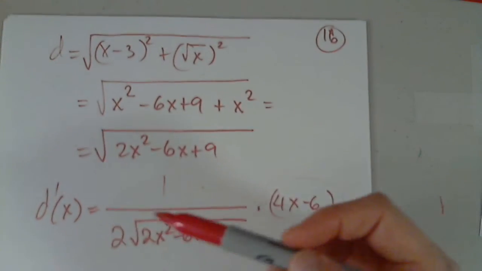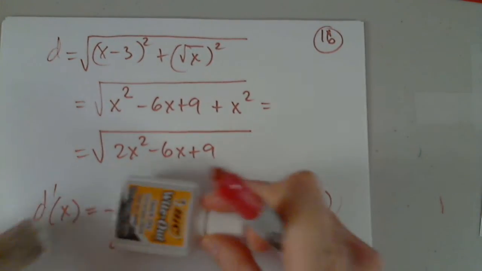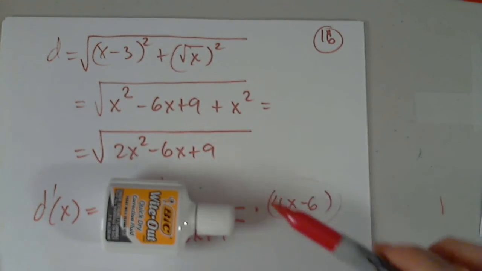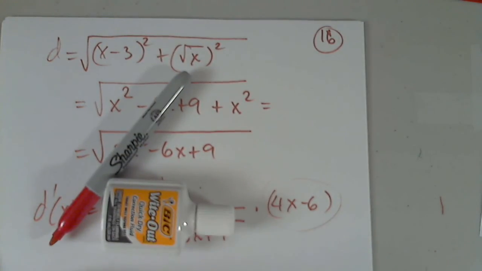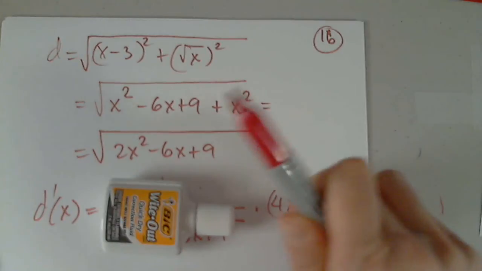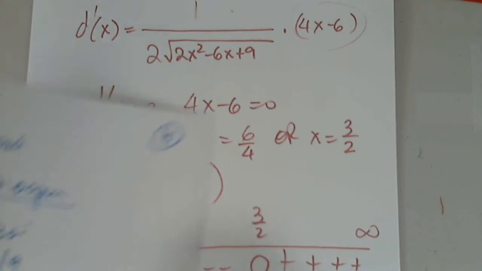Well, this is all positive, I'm not going to waste my time to even look at it. But this is a linear function that has a positive slope from negative to positive, and that will give the sign of the derivative. Definitely a minimum.